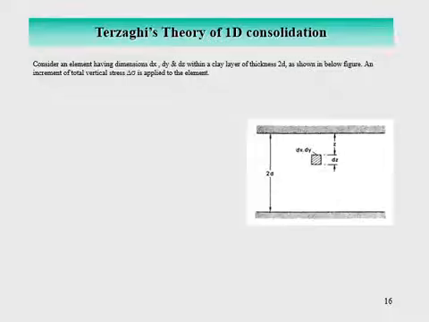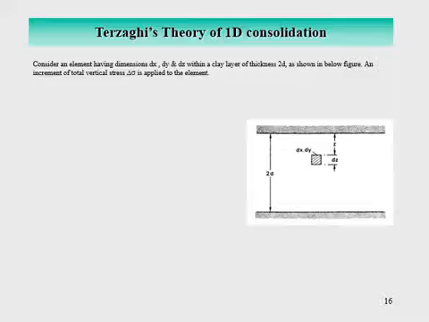Number 2, equation of continuity. And number 3, coefficient of volume compressibility, mv. Mainly we would use these 3 steps to do the derivation of the Terzaghi theory of one-dimensional consolidation.